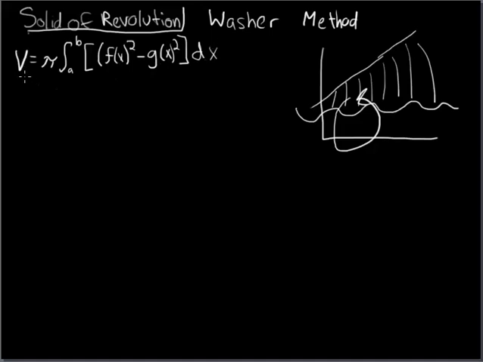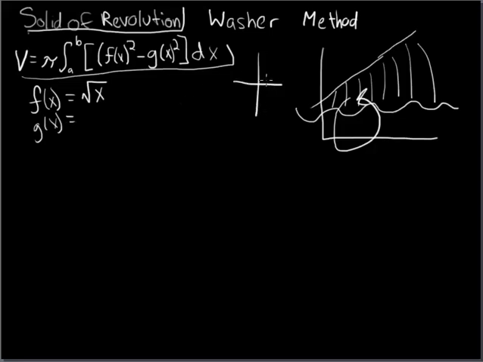An example we can do, I don't know, we can make f of x the square root of x, and g of x we can make, I don't know, so here we're going to make something that goes along here.